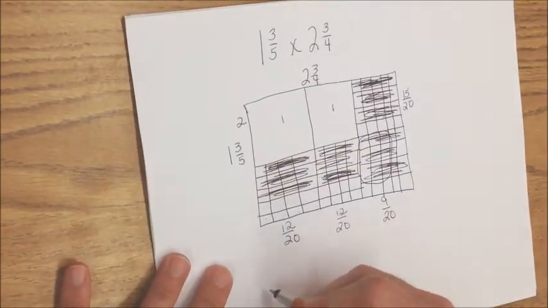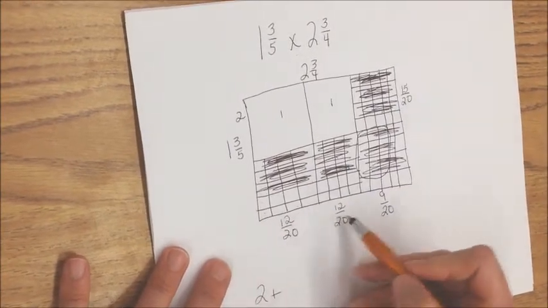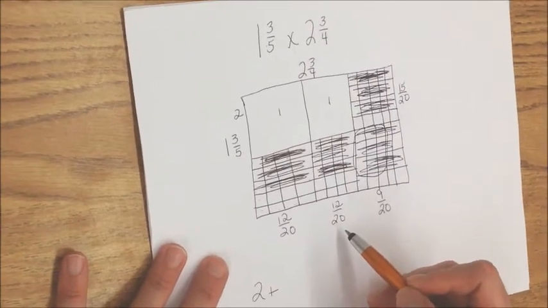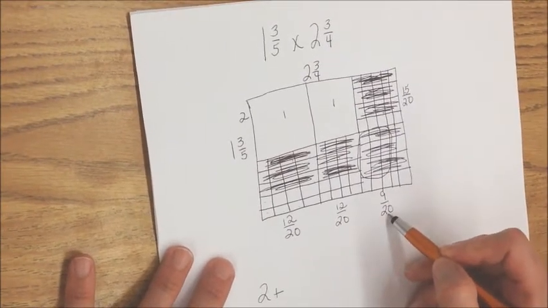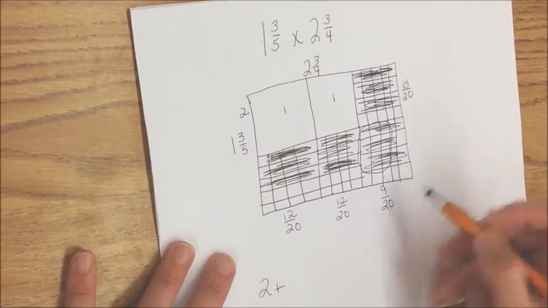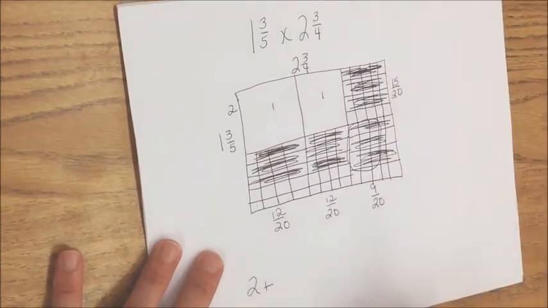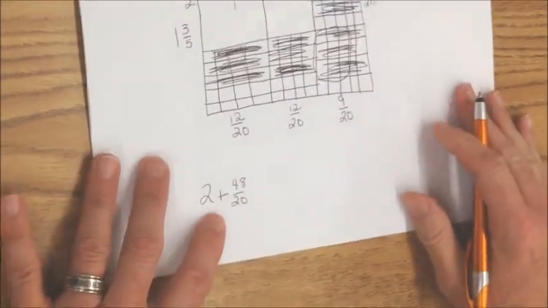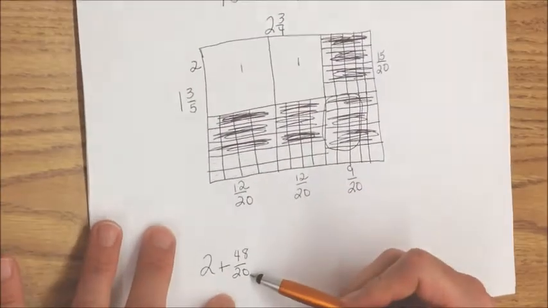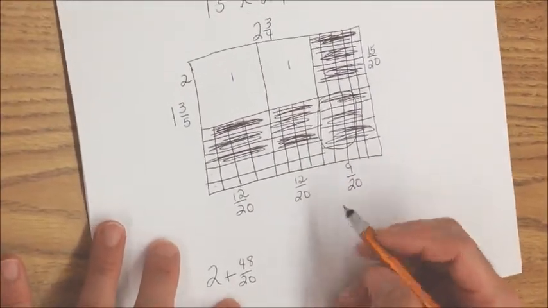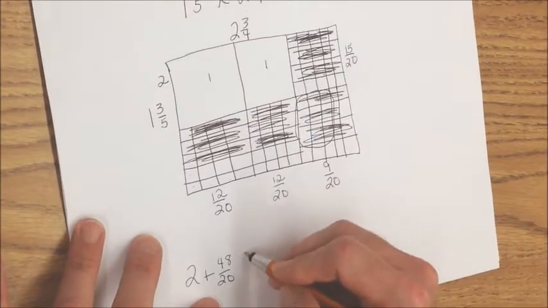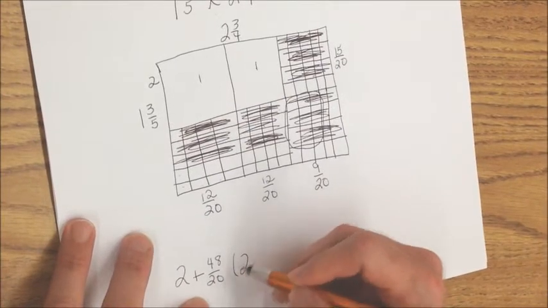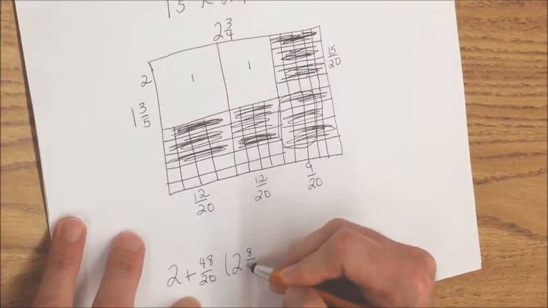So if I think about 2 plus, and I can combine these with like denominators, 12 20ths plus 12 20ths is 24 20ths, plus 9 20ths is 33 20ths, plus 15 20ths is 48 20ths, which is kind of an odd fraction. We don't really think about something in 48 20ths, but I know it's a fraction greater than 1, and I know that I could rename that into 2, and because 2 groups of 20 is 40, I have 8 pieces remaining out of 20.